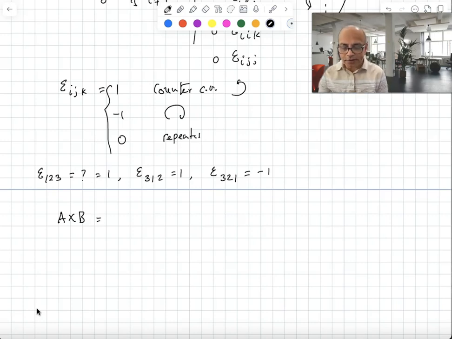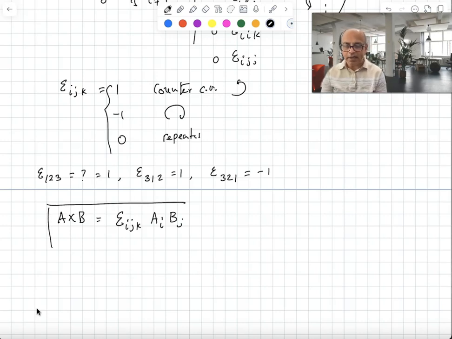I'll use epsilon ijk, then take the first vector a, put an index i, and the second vector b, put an index j. That will be the cross product. You can write it out and verify that by taking the cross product and evaluating it. I leave that as an exercise. Show this.